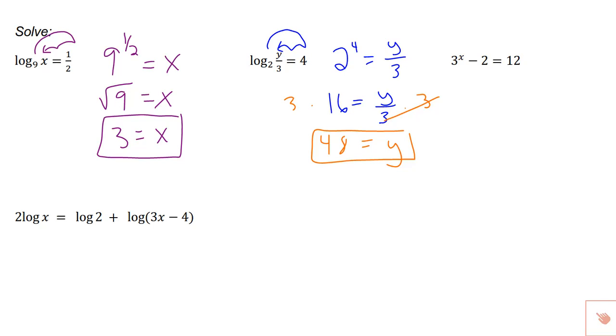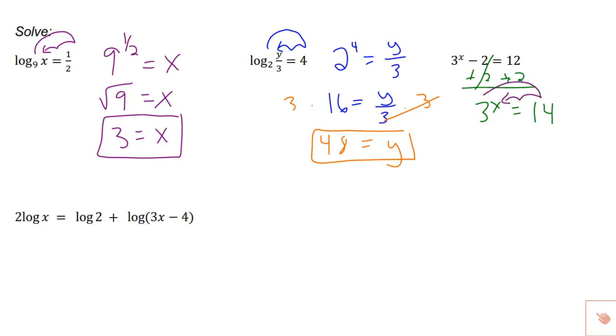If you notice on the last two, I had something equals something, so I was able to do that hop thing. Here I have something minus something equals something, so I have to simplify this a little bit first. I'm going to add 2 to both sides so that I get my something equals something. And now I can do my leap. Starting with the base, I jump over and bounce back.